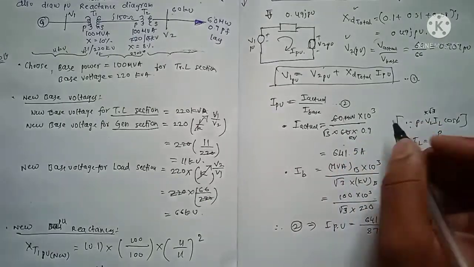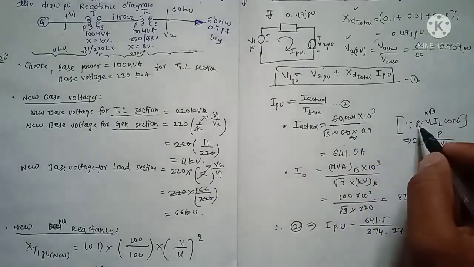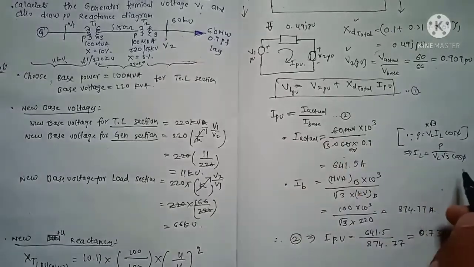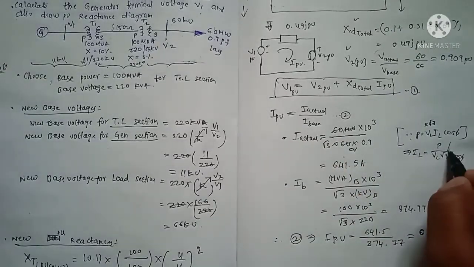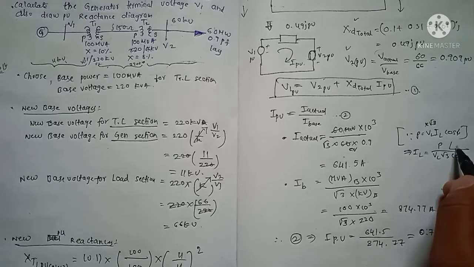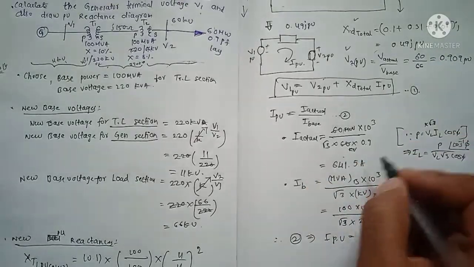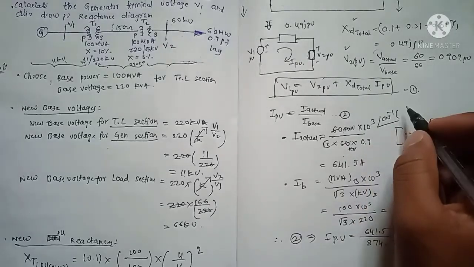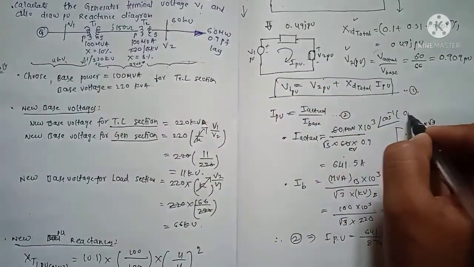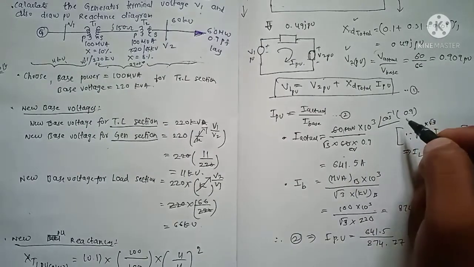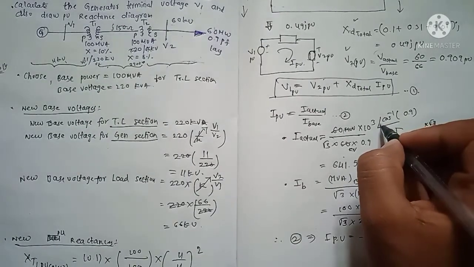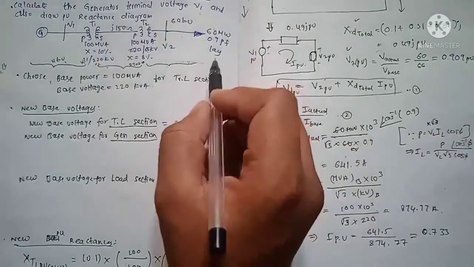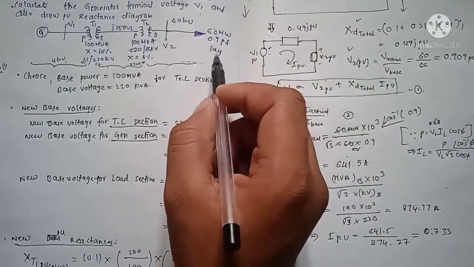While calculating this power, we just mention this angle to take the angle. This is cos inverse of phi. We need to take this angle. Here only I forgot to add this cos inverse of 0.9, and we need to take minus here because lag means minus, lead means plus.